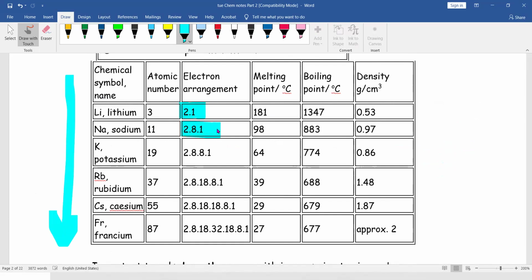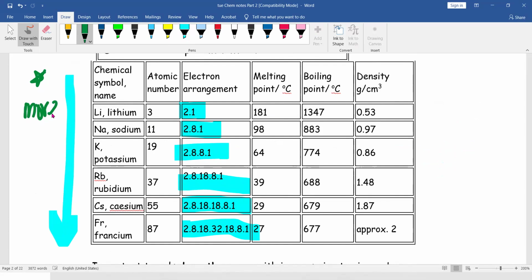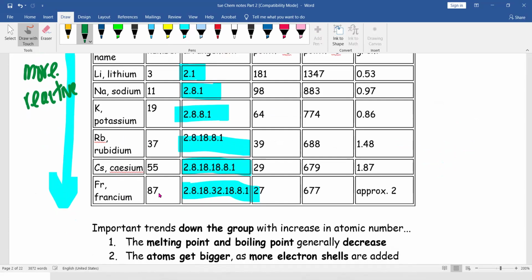The electron arrangements are 2,1; 2,8,1; 2,8,8,1; 2,8,18,8,1; and so on. So the atomic size becomes bigger, and the most important thing you will learn today, it becomes more reactive as you go down the group. The most reactive of all is francium. But if you only have lithium, sodium, potassium, the most reactive is potassium. The least reactive is lithium.